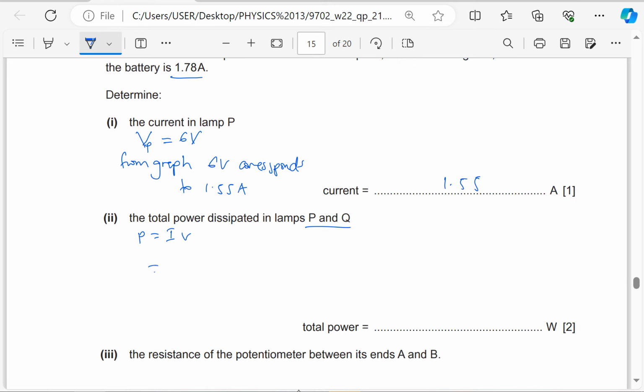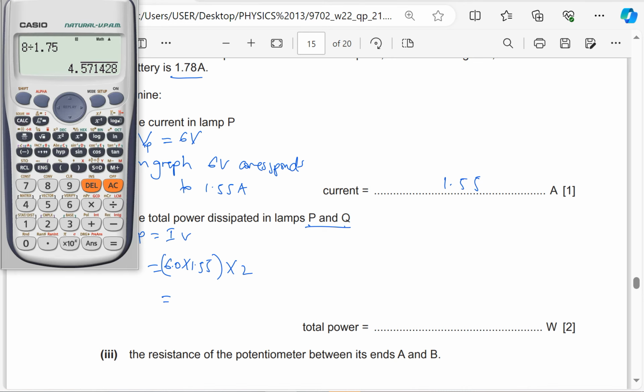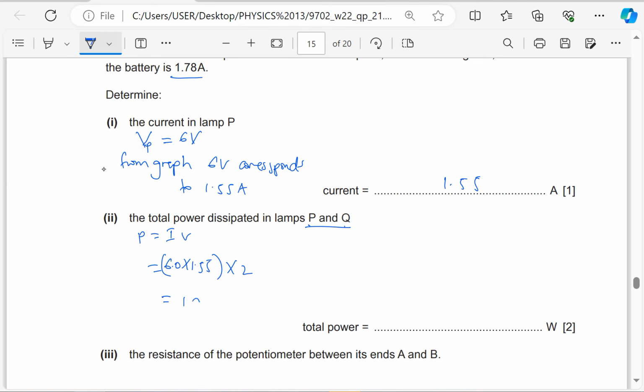So the power is going to be equal to 6.0 times 1.55, but because it will be power for P plus power for Q, I'll just multiply this by 2. So this is 6 times 1.55, then I multiply this by 2, and this gives me 18.6, which is approximately 19.